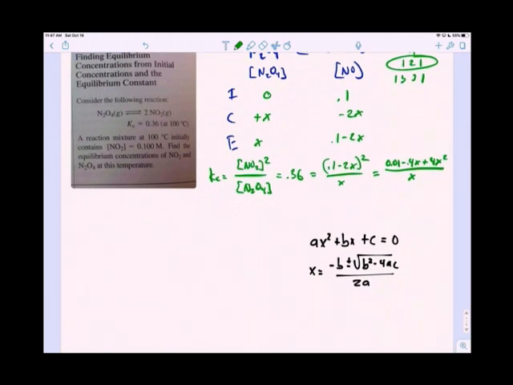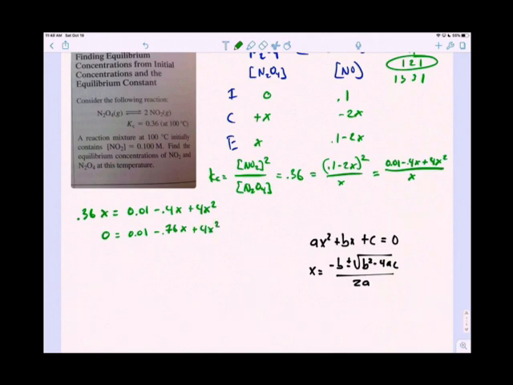So let me multiply x both sides. So let me see. It's going to be 0.36x equals 0.01 minus 0.4x plus 4x squared, and then we subtract 0.36x from both sides, so 0 is equal to 0.01 minus 0.76x plus 4x squared.